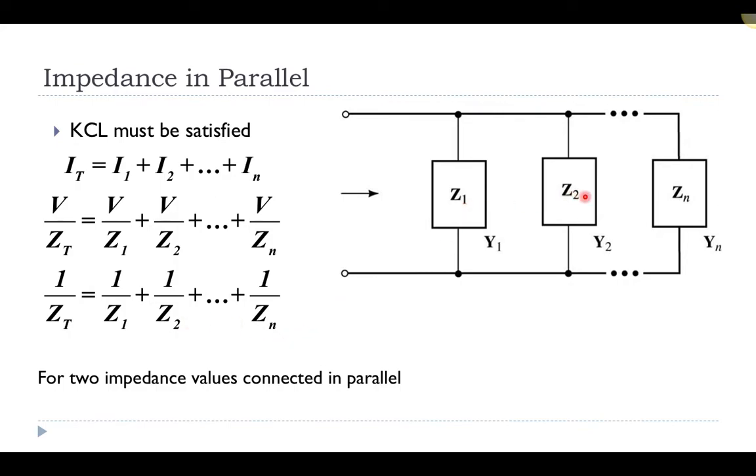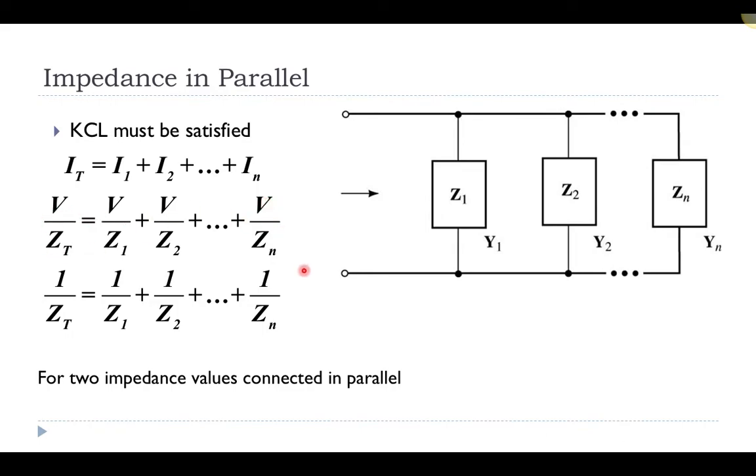Because these are connected in parallel, components that are connected in parallel always have exactly the same voltage. So the current that's passing through the first impedance component would be the voltage divided by the impedance, and then the second one again is voltage divided by impedance, and so on. And all of these voltages are exactly the same value because they're connected in parallel.